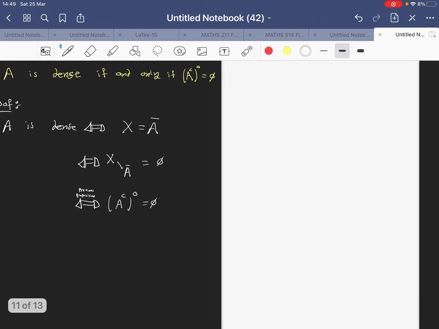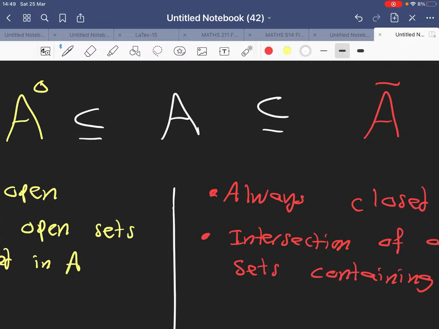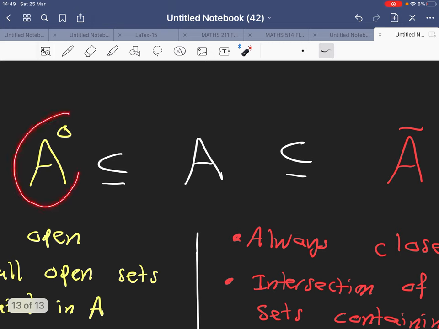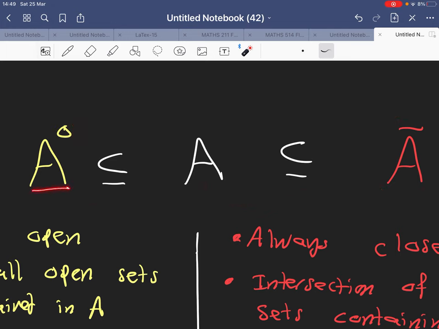First of all, we know that the interior of a set is open. We know the closure is closed. And we know that A contains the interior and is contained in the closure. So we have the interior inside A and A inside the closure.